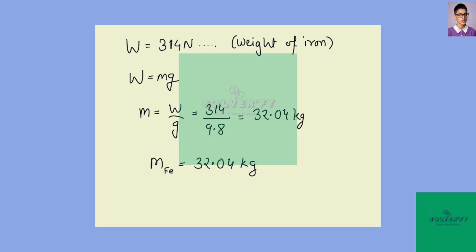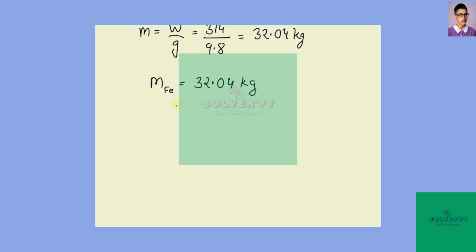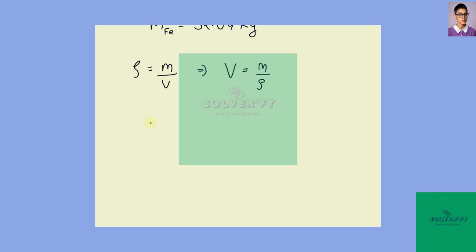Now if I know this mass, I can find out volume, because I know density is equal to mass per unit volume. So from here I can find out volume, which will be equal to mass upon density. Now I know the density of this.